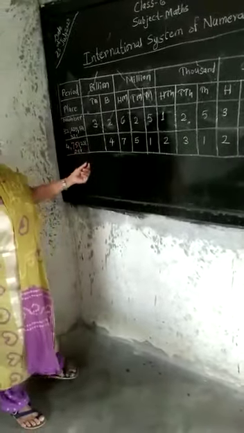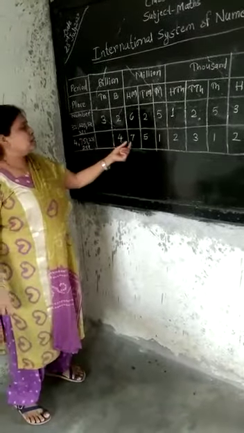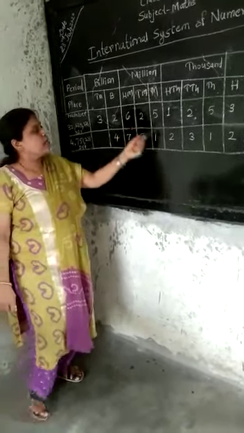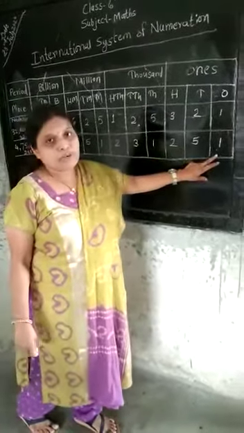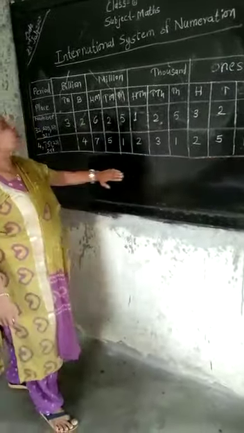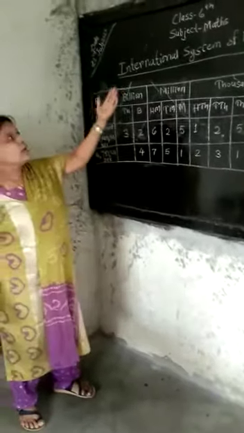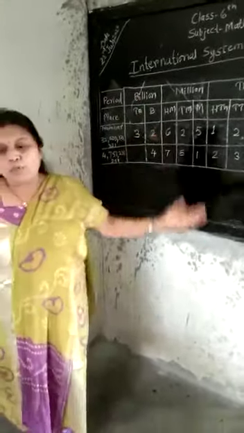You have to read it like that: 4 billion 751 million 231,251. This is the way of writing in the international system of numeration.